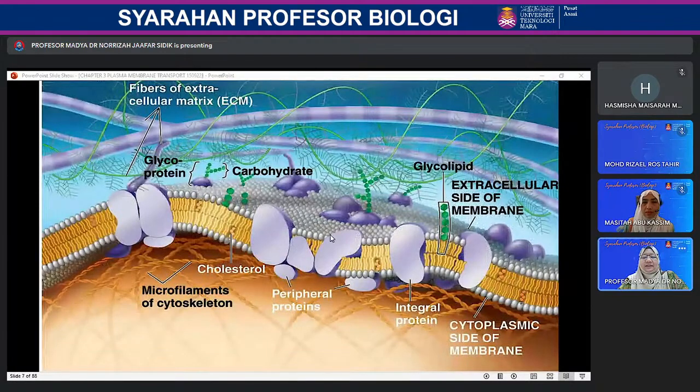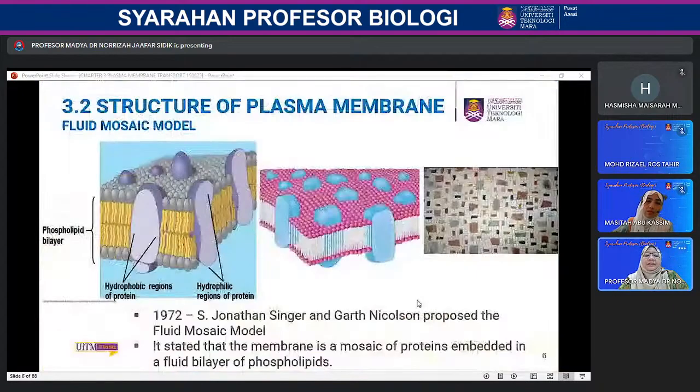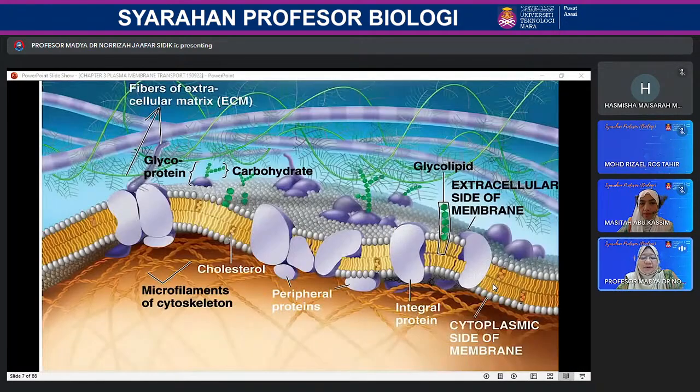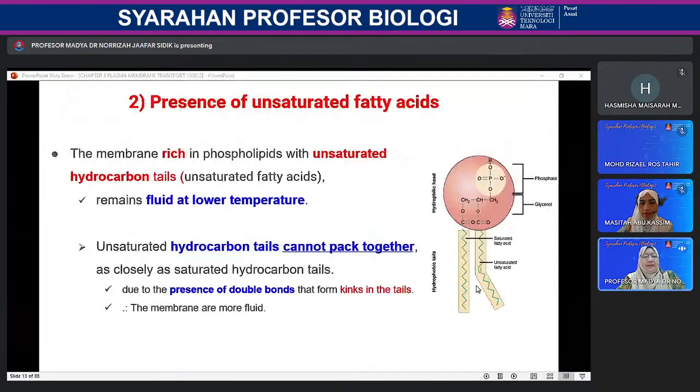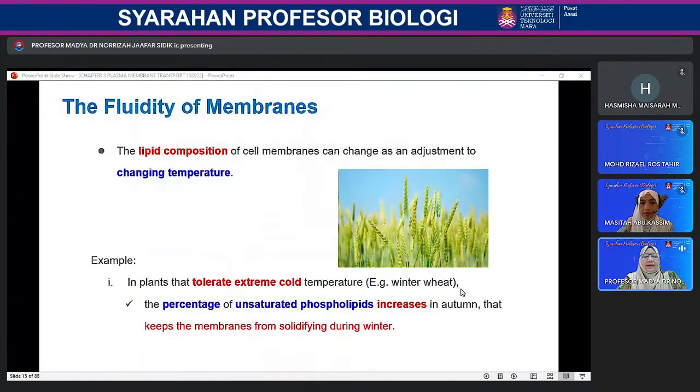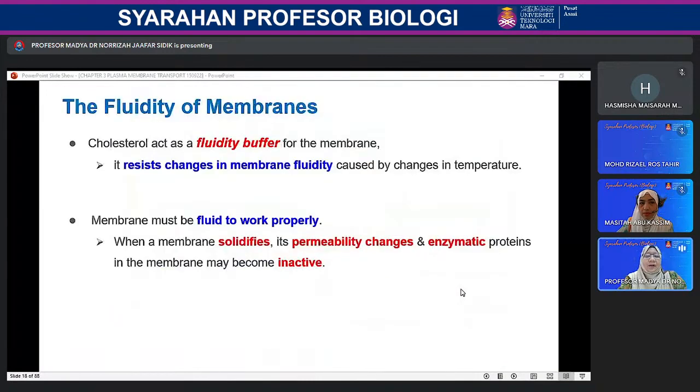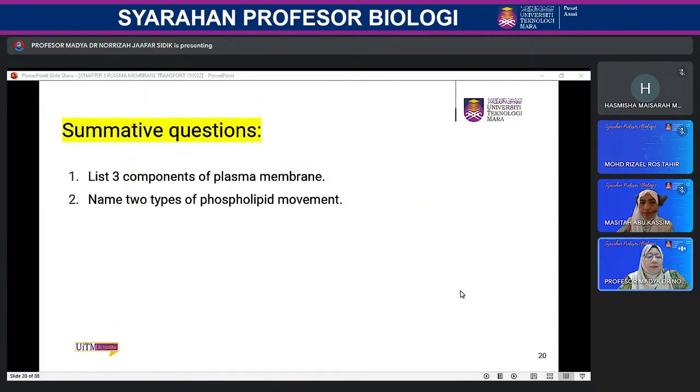So why do you think it's called the fluid mosaic model? Have you seen mosaic? In the house, there's a mosaic, right? You can see the mosaic flooring, right? Then fluid. So I want you to try to answer the questions. And then another question is the last question.